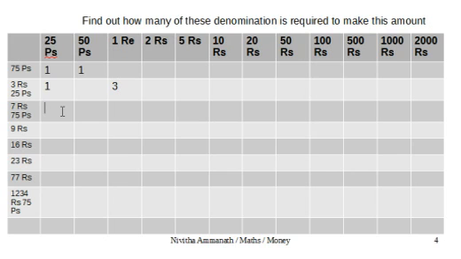Now if you want 7 rupees and 75 paisa, you will need a 25 paisa, a 50 paisa, together 75 paisa, and then for 7 rupees, you will have 1 2 rupee note and 1 5 rupee note. Suppose you want 9 rupees, you cannot have a 10 rupee note, so you will have 1 5 rupee note, and then possibly you may have 4 1 rupee notes, or you can have 2 2 rupee notes. Suppose you want 16 rupees, then you can have a 1 rupee note, a 5 rupee note, a 10 rupee note.